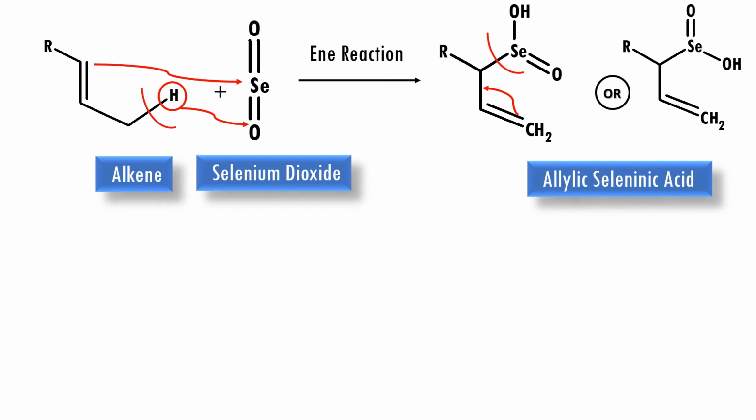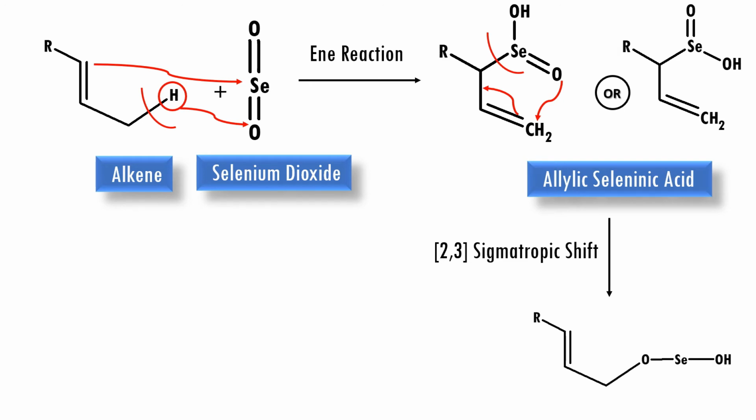Due to this, selenium becomes positively charged. Now oxygen will transfer its electron to the positively charged CH2 and a new molecule is formed according to the 2,3 sigmatropic shift, forming allyloxy selenium hydroxide, and its structure is just given on your screen.